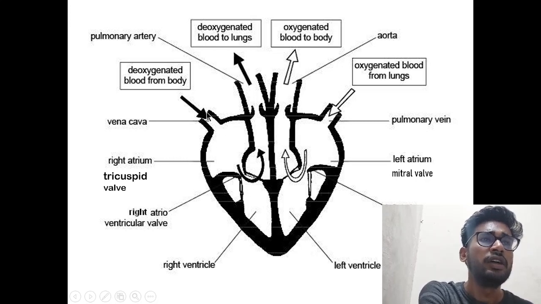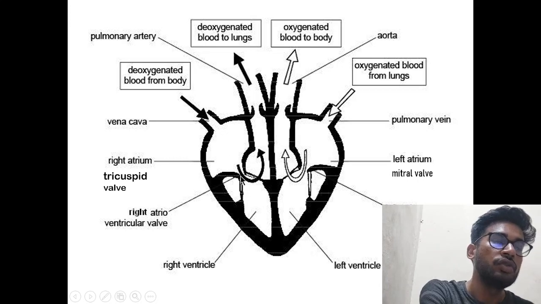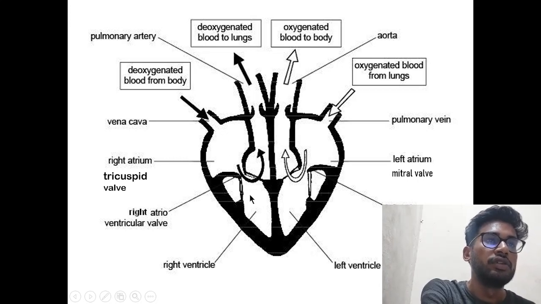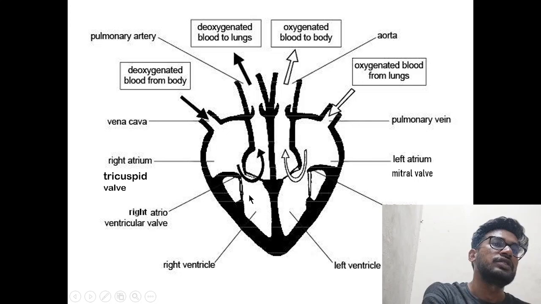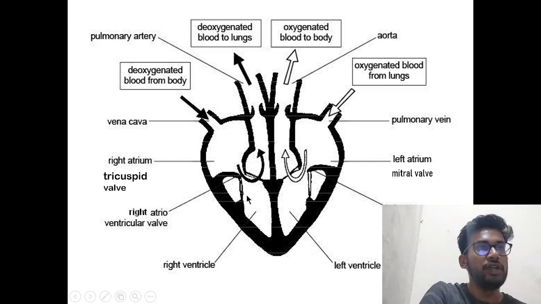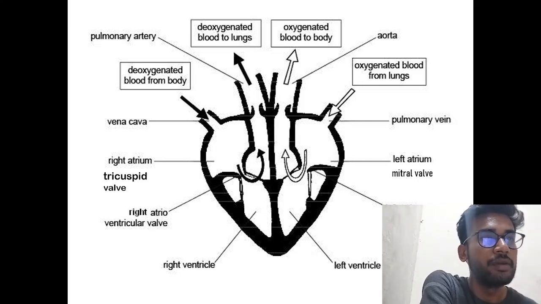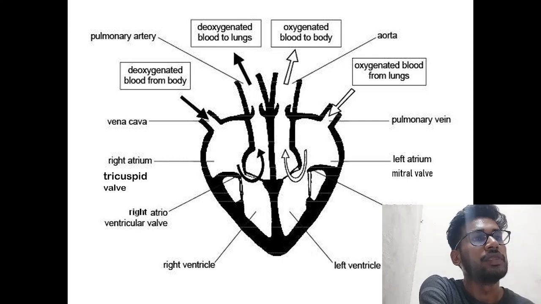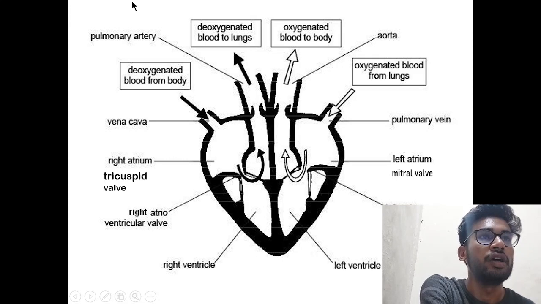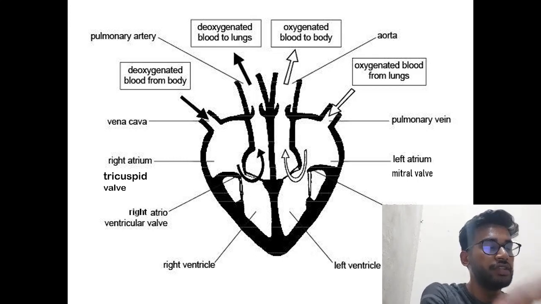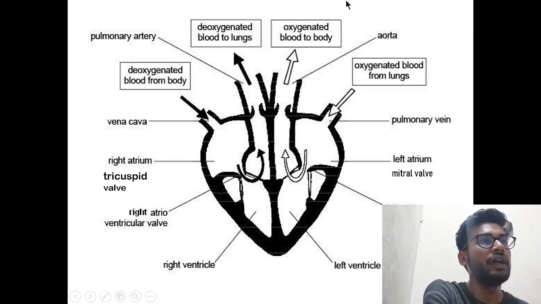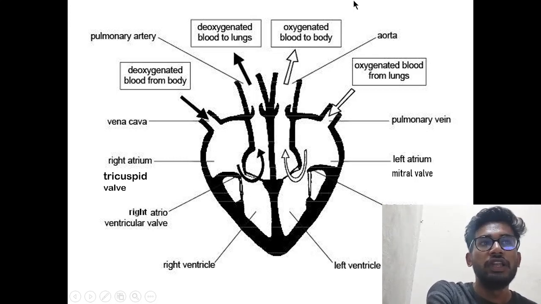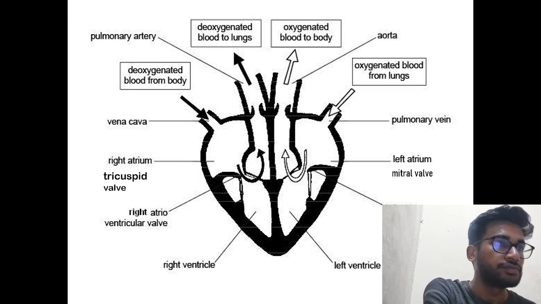After coming to the right atrium, the blood is transported to the right ventricle, which pumps it to the lungs, where this deoxygenated blood gets oxygenated and comes to the left atrium through these blood vessels.